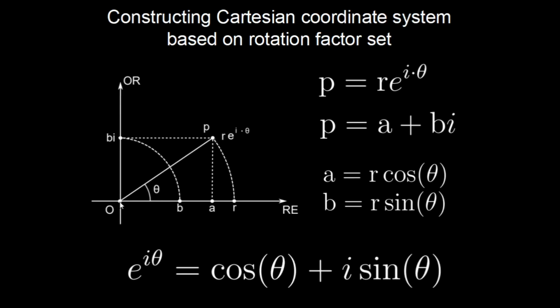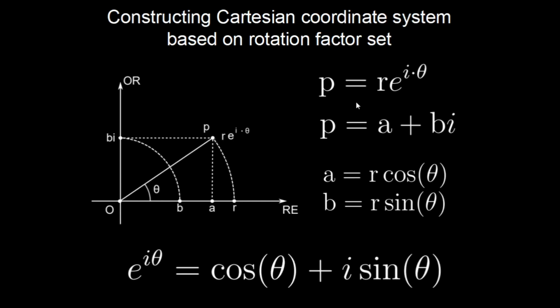The point represented by a real number R in the RE axis has the direction of the positive RE axis. Multiplying a rotation factor of angle theta to number R makes the point rotate by angle theta to the point represented by position number p or Re to the power I theta. Then we have this equation.